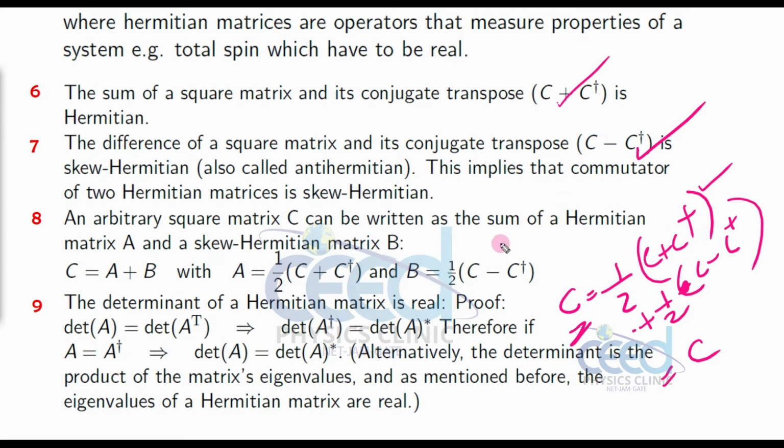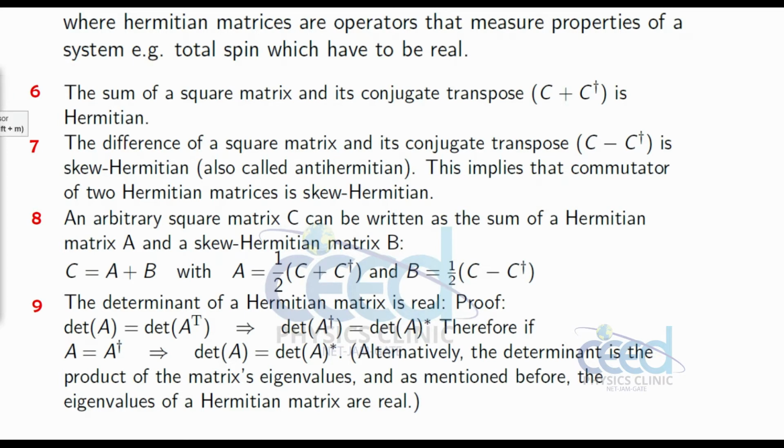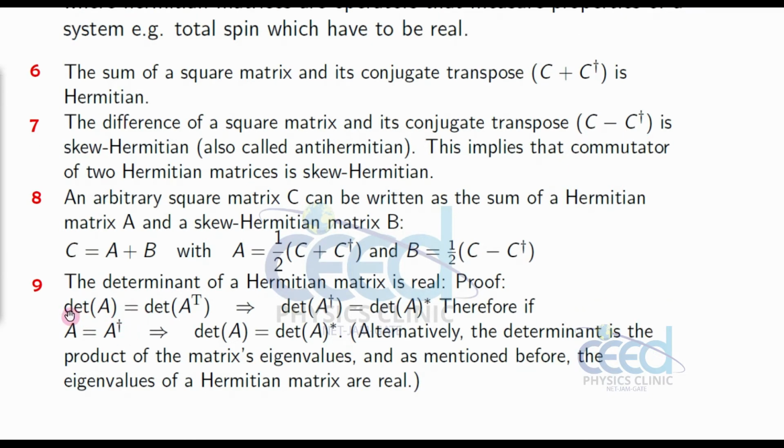Now another property is that the determinant of a Hermitian matrix is real. If you take any Hermitian matrix, its determinant should be real. I have given the proof here. Determinant of A is equal to determinant of A transpose, since A and A transpose have the same determinant. Now take the conjugate on both sides.